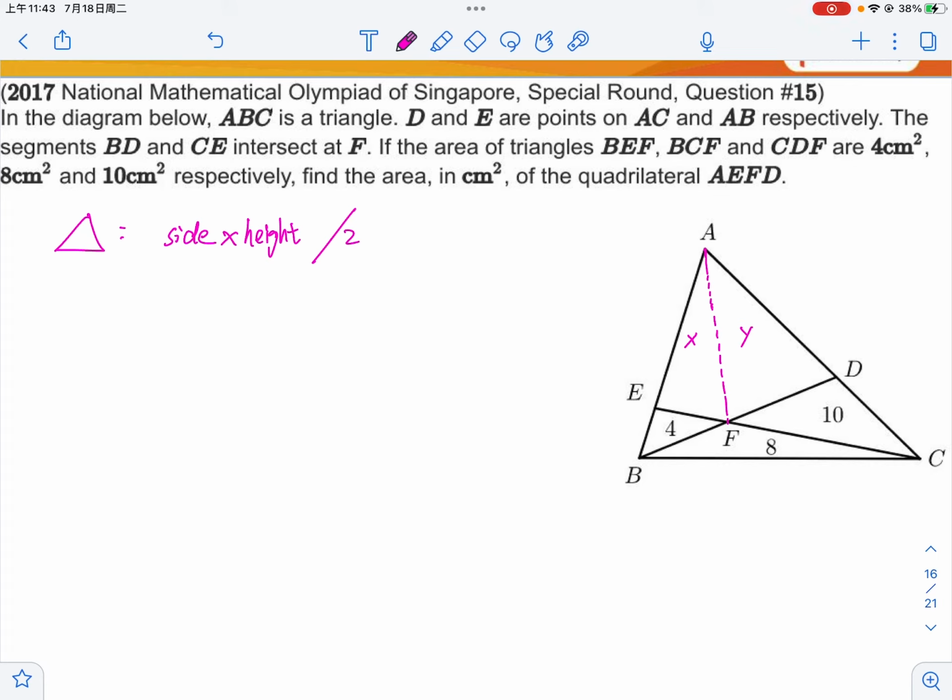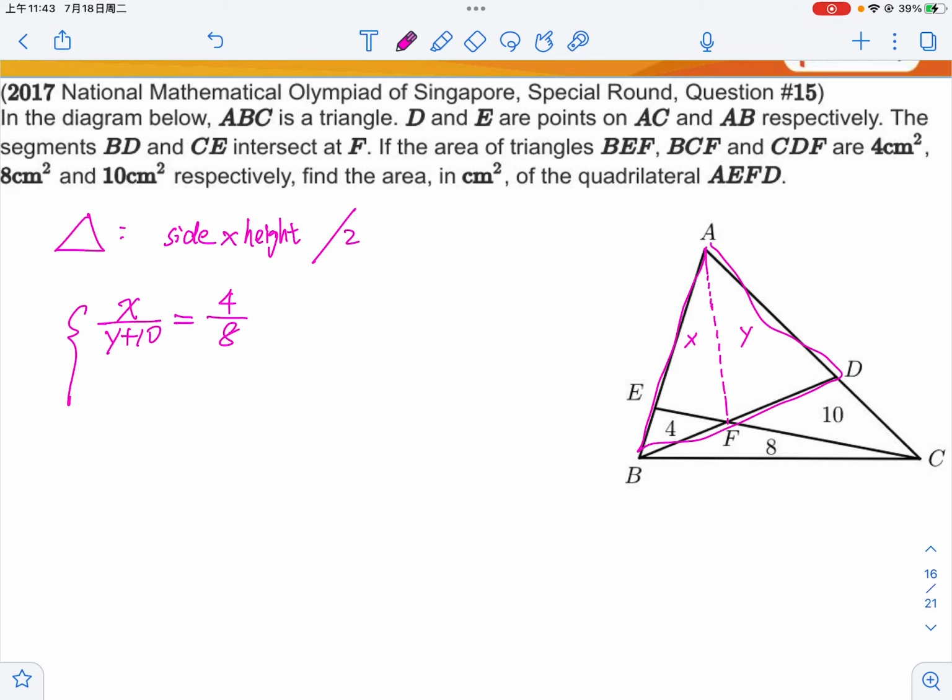So we can write down here x to y plus 10 should equal 4 to 8.